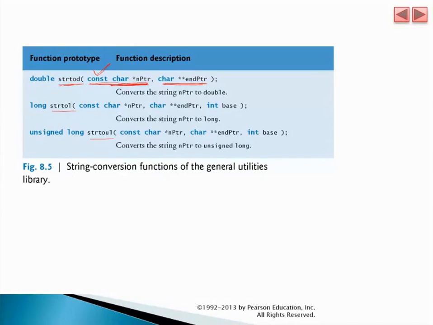We will see this with an example, then things will be clear. In string to long and string to unsigned long, we have these two arguments along with a base argument, because depending upon the base, the conversion will be done. Let's see these functions in detail.